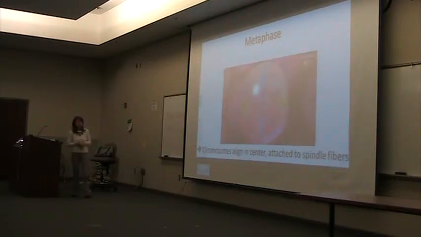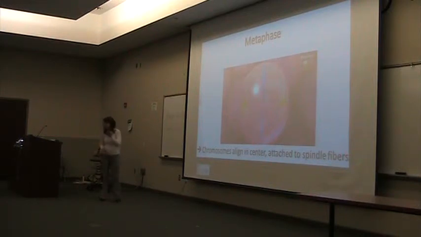The next stage is going to be metaphase, and this one you probably saw in the microscope most clearly. It probably didn't exactly look like this cartoon. It was a little bit more messy, but you might have been able to distinguish this stage pretty well. This is a stage where chromosomes will align in the center, or the metaphase plate, of the cell, and they'll do so end to end.